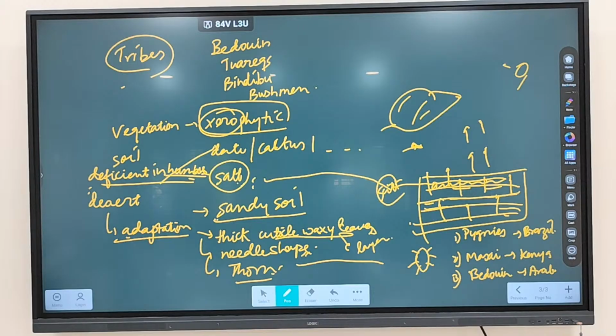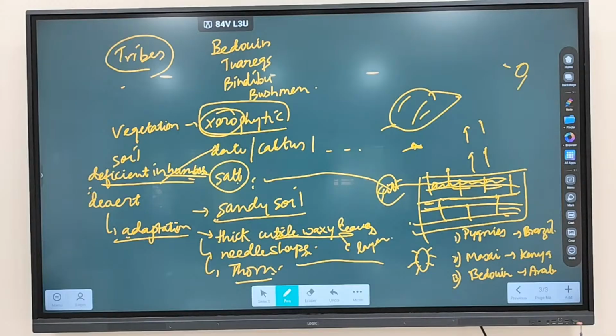So where have we discussed pygmies and Orang Asli? In the equatorial region. Yes. So pygmies are found where? In Africa, not in Brazil. So that is a wrong statement. Masai, where have we discussed? East Africa, that is Kenya. Yes, that is correct.